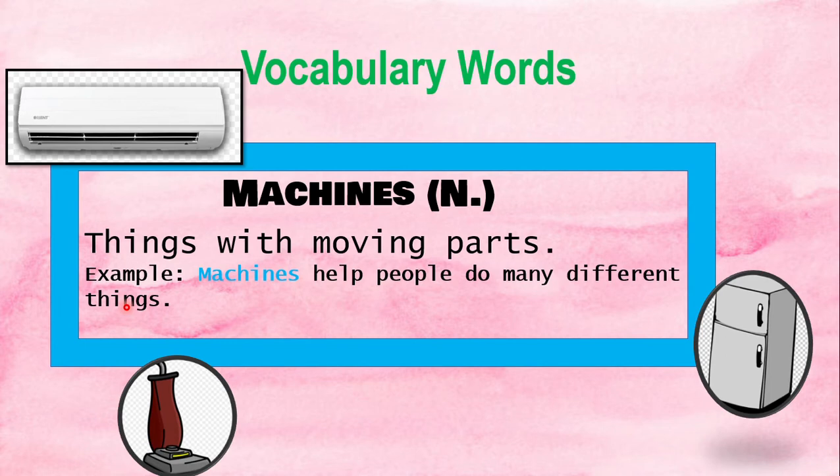Now you can easily cool the food in the refrigerator. You can clean your room using the vacuum cleaner. So it makes life easy. Machines help people do many different things. This is an example of a sentence. This is machines.